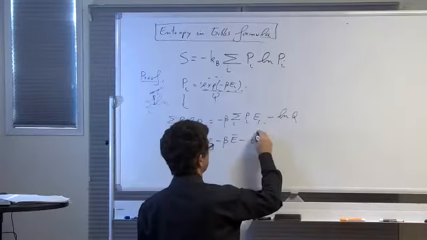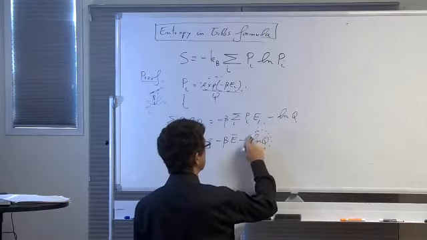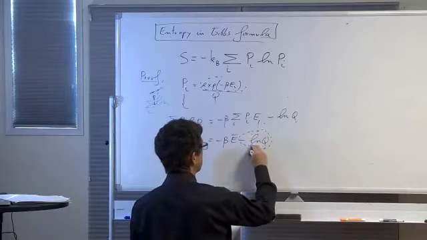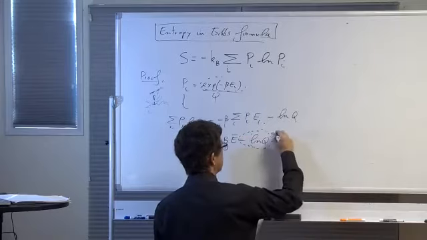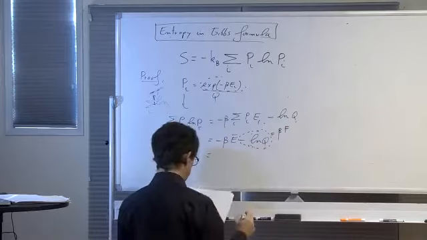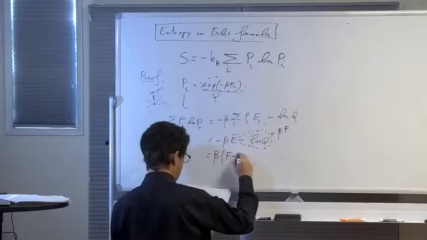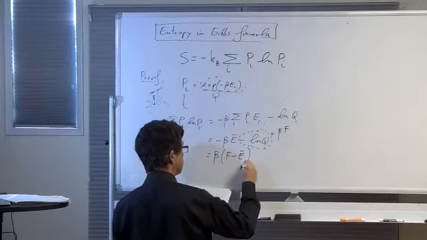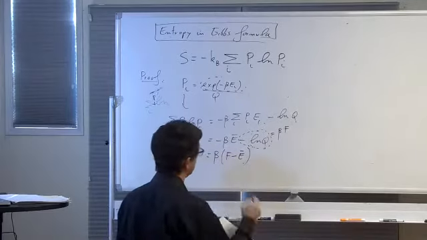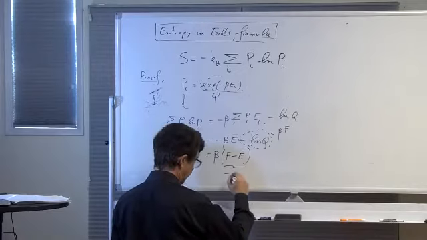And minus the log of Q, right, that is equal to beta times the free energy. So what I get here is beta times the free energy minus the average energy. And this here is minus TS.